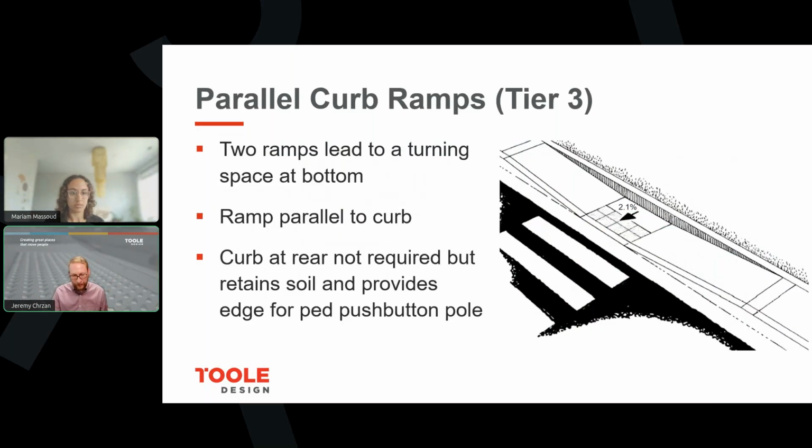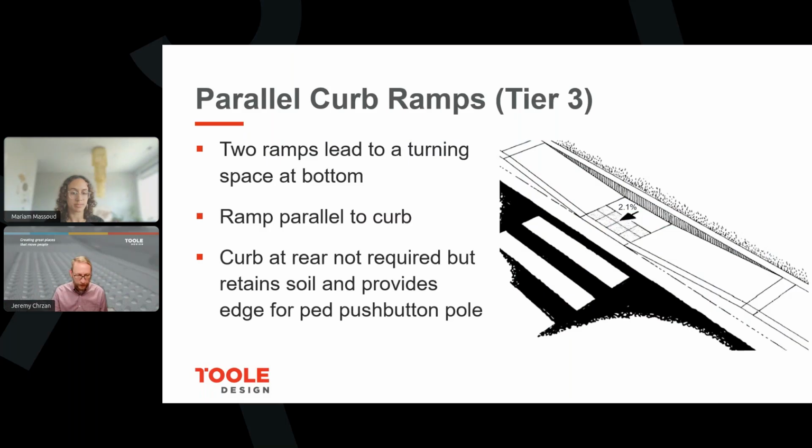This is again another good illustration of there aren't turning areas at the tops of the ramp, and that all of that turning happens at the landing at the base of the parallel style ramp. In constrained conditions, this is also the location where we would have cheek walls or curbs along the back of the curb ramp to limit our areas of disturbance.